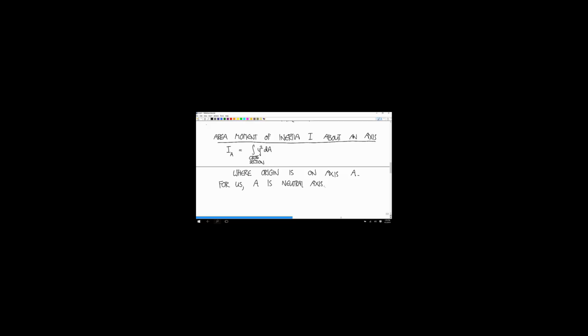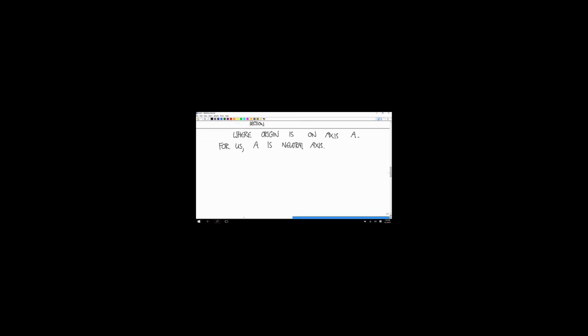And so we'll put the origin at the centroid of the cross section and use this formula. I think I did the same thing in dynamics. I'm just going to do one integral calculation, but really we're just going to use formulas.